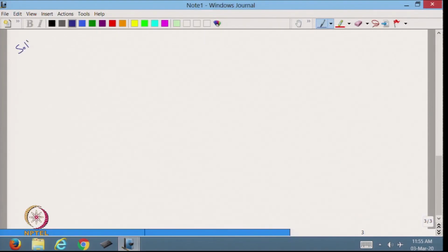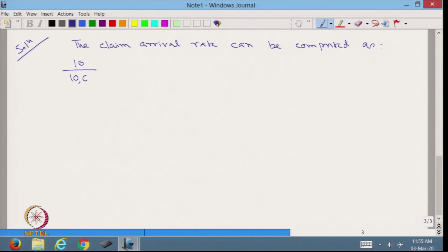Solution. The claim arrival rate can be computed as 10 upon 10,000, which is equal to 0.001.